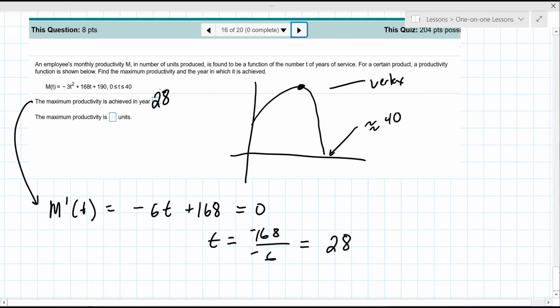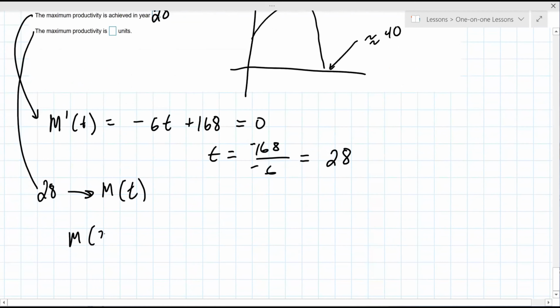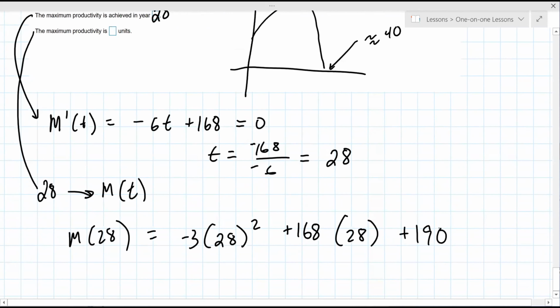The maximum productivity is taking 28 and putting it back into m of t. So it's m of 28 that they're asking you to find. Again, it's got to be a calculator thing here. It's minus 3 times 28 squared plus 168 times 28 plus 190.